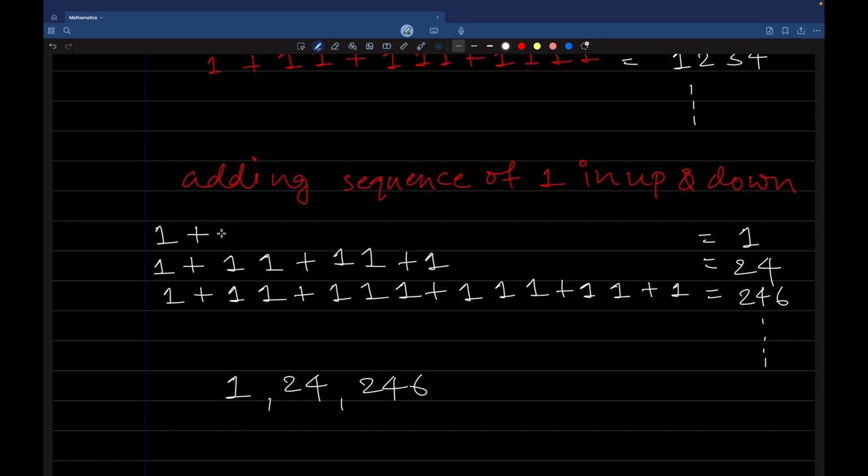Sorry, we have missed 1 here, up and down, so we have to add 1 two times. The sequence is starting from 2, 2 24, 246, 2468 and so on.